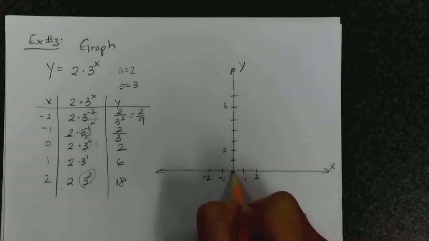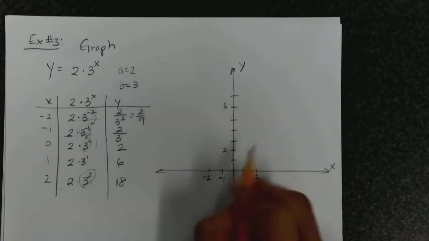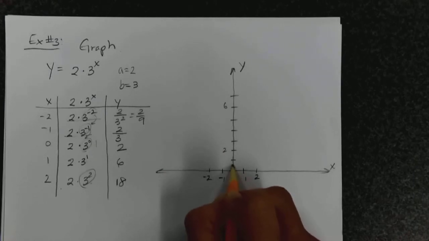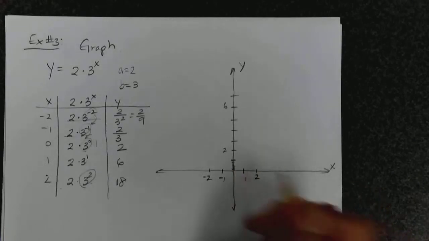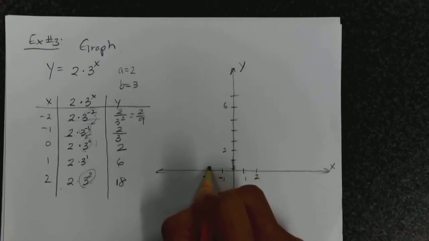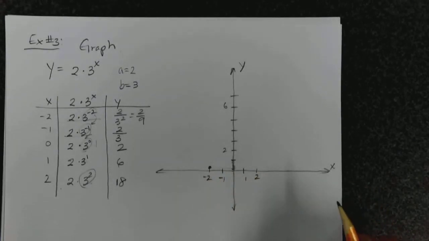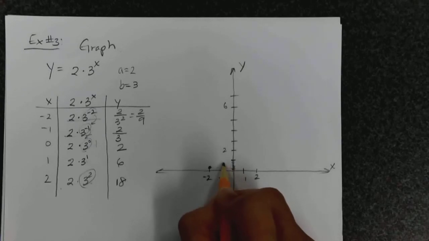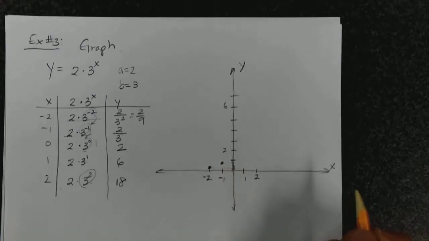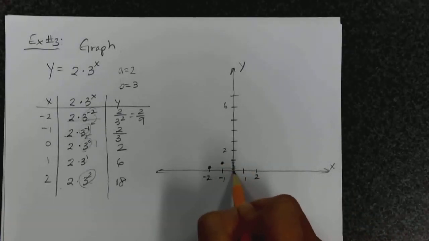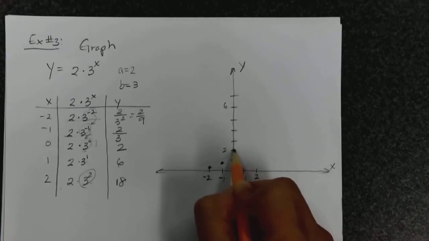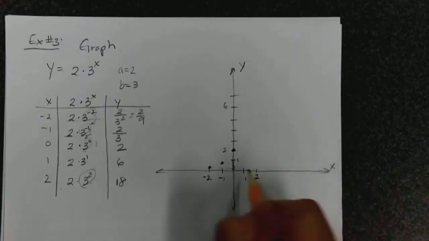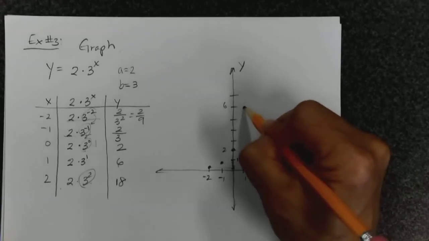Now, if I divide this into 9 parts, because I need 2/9, I got 1, 2, 3, 4, 5, 6, 7, 8, 9. So here's 2/9 at -2. And then I want 2/3, so 2, 4, 6, so it's about 2/3. And then when x is equal to 0, y is 2. And then at 1 it is 6, so I'm up here.